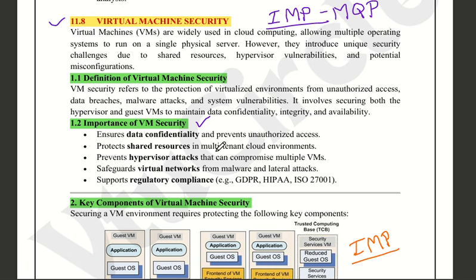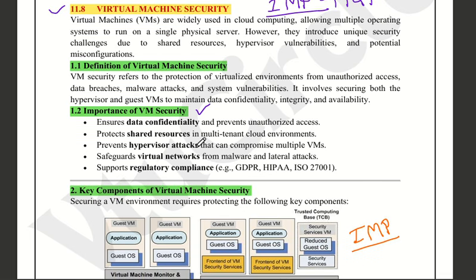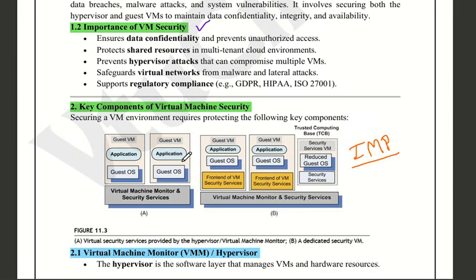To protect security there, we need VM security. Then security resources, hypervisor attacks, virtual networks, and finally regulatory compliance. These are the importance of VM security.